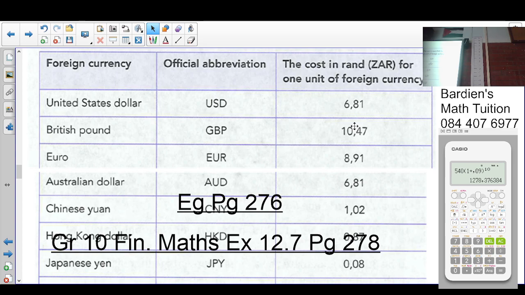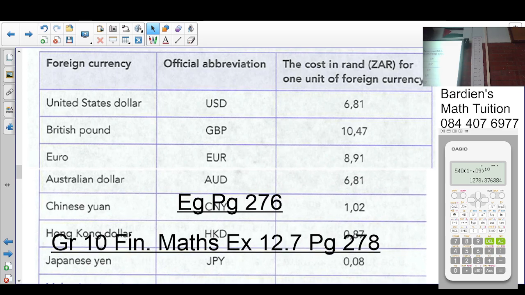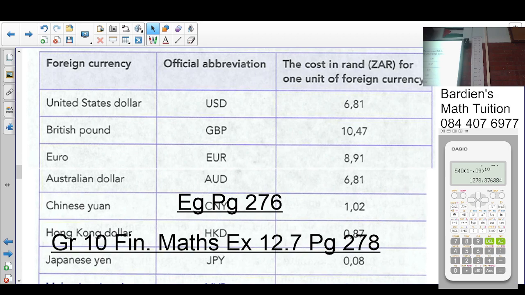The British pound. People, these are the most commonly used. It's always doing the comparison between the British pound and the US dollar. The euro is also often used. As you can see, that time the British pound was 10 rand 47 cents, but I think it's currently selling at 20 rand, we have 22 rand there now.